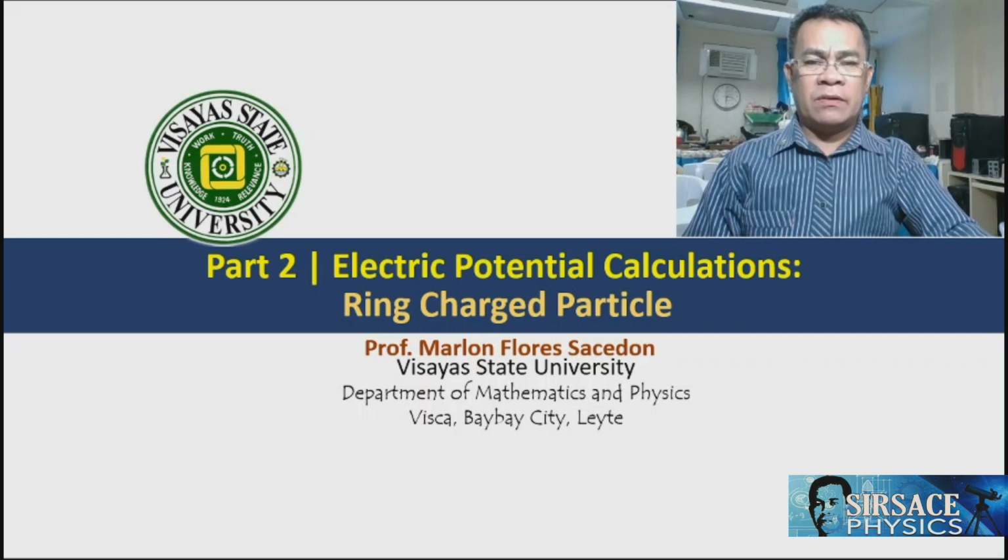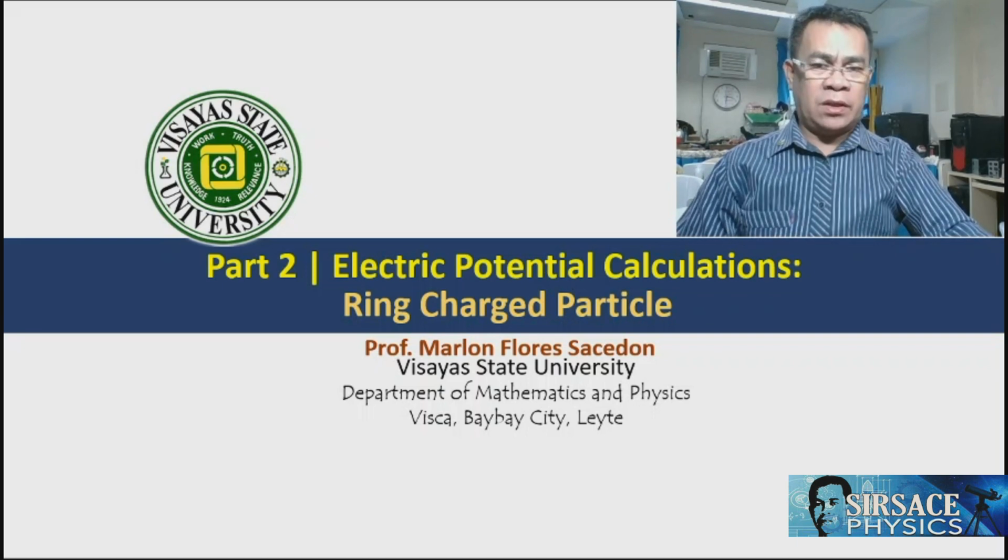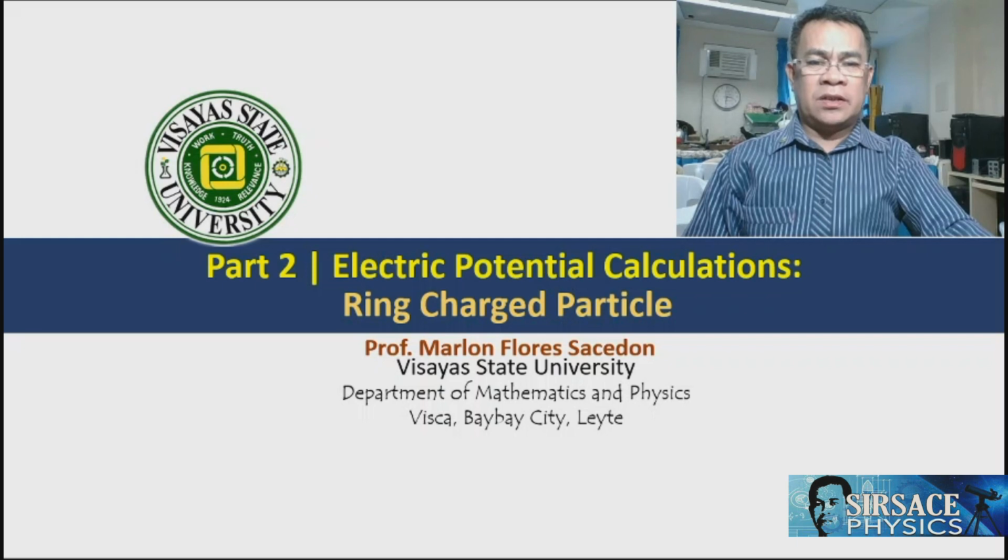If you remember in our previous videos on ring charge, we solved the electric field at a distance x from the center of the ring. Now today, let us use again this ring, but this time we will calculate how much is the electric potential.